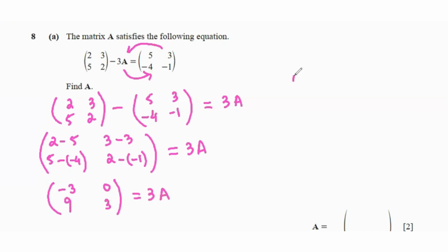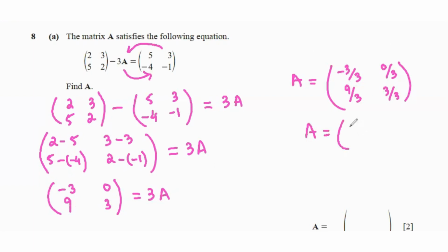To get the value of A, we divide each entry by 3, which gives us negative 1, 0, 3, and 1. That is your matrix A.